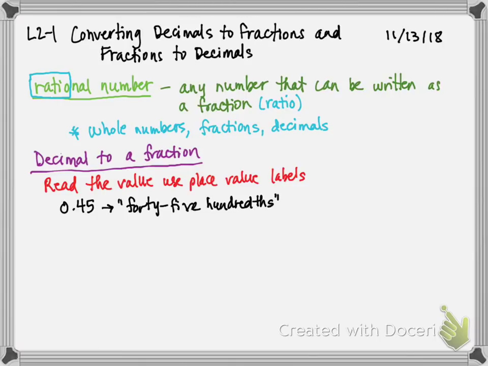So what that tells us to do is take the 45, and that becomes our numerator, and our denominator is the place value that we just read. So we have 45 over 100. Now, as we've talked about before, you must simplify.